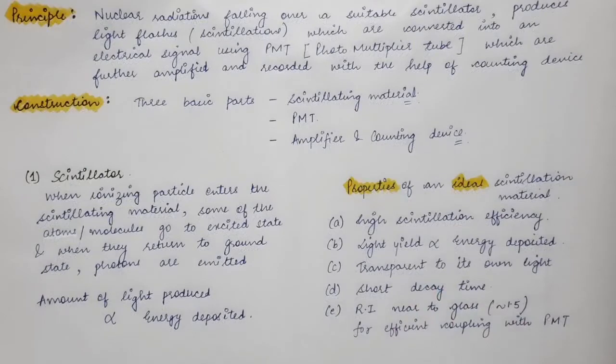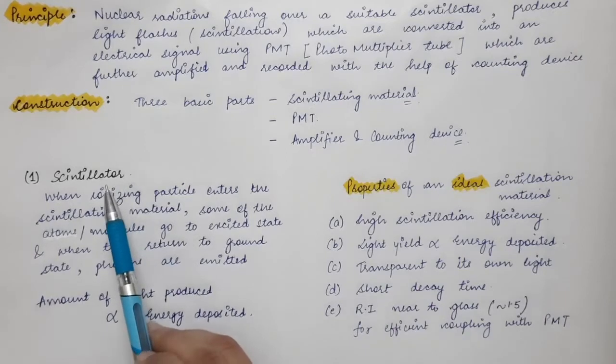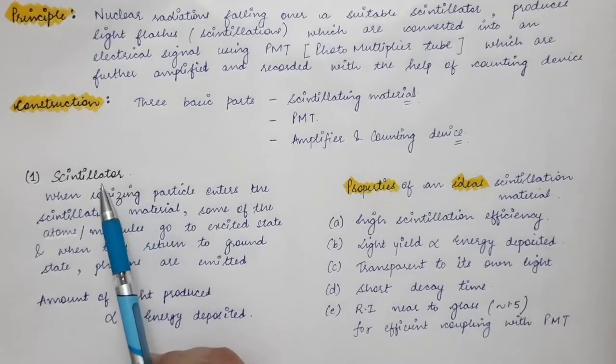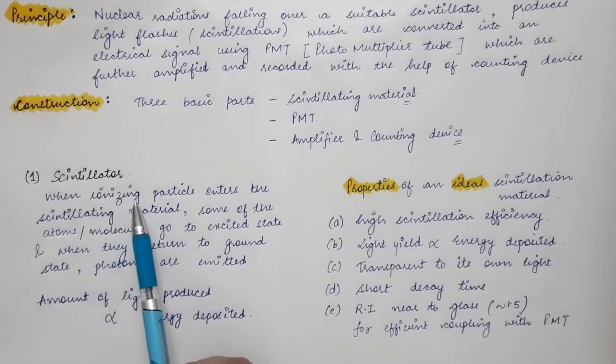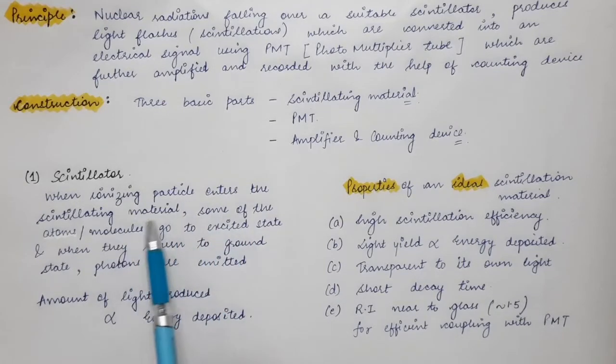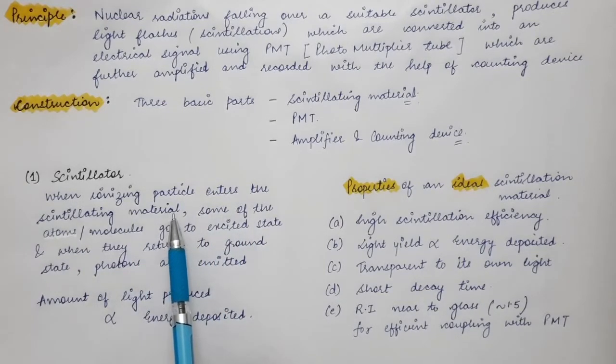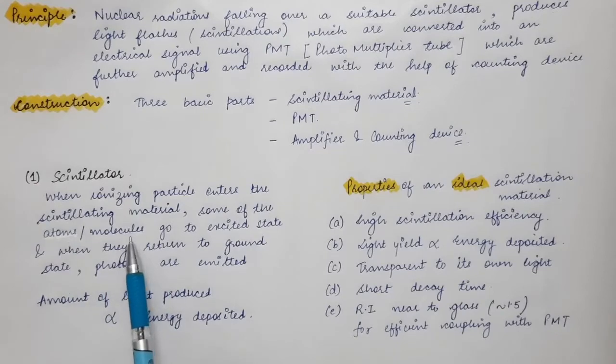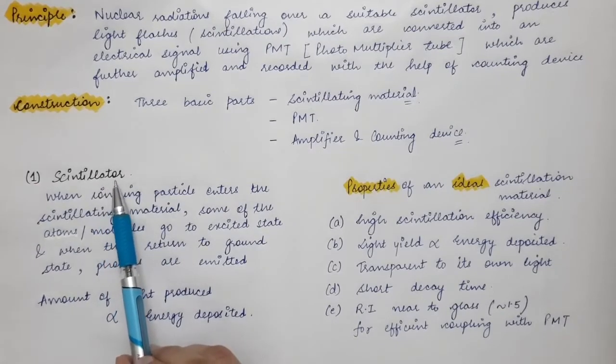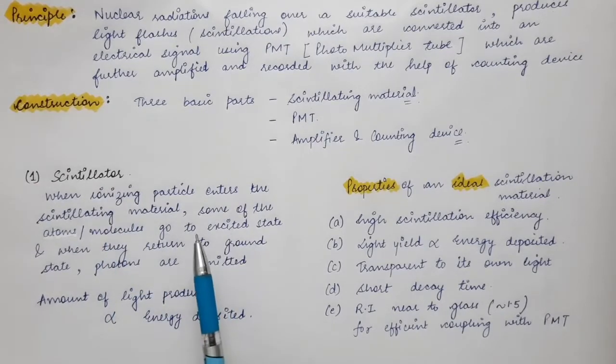Now we are going to discuss the first basic part of the scintillation counter, which is the scintillating material, or the scintillator. We have already discussed that when an ionizing particle enters the scintillating material, the atoms or molecules of the scintillating material go to the excited state.